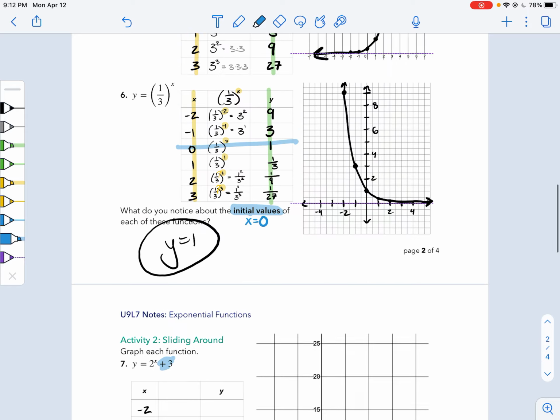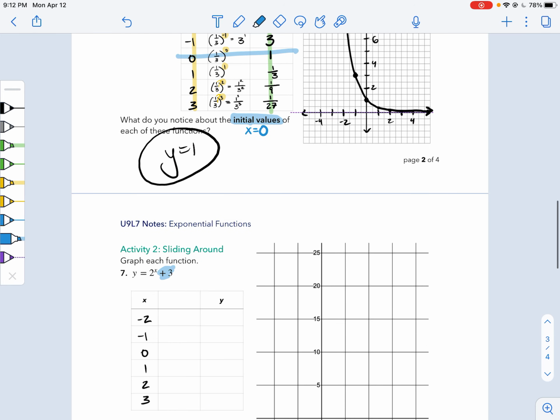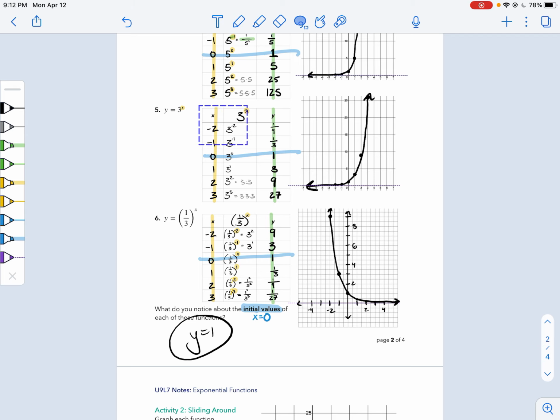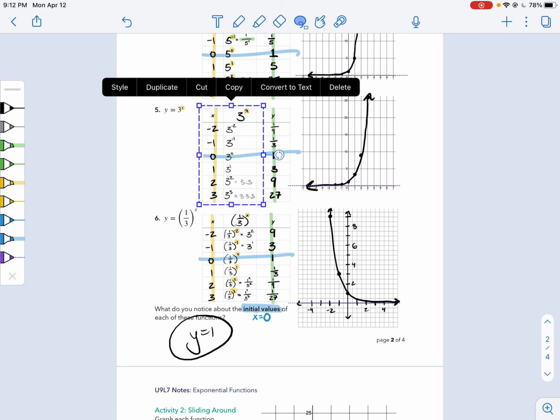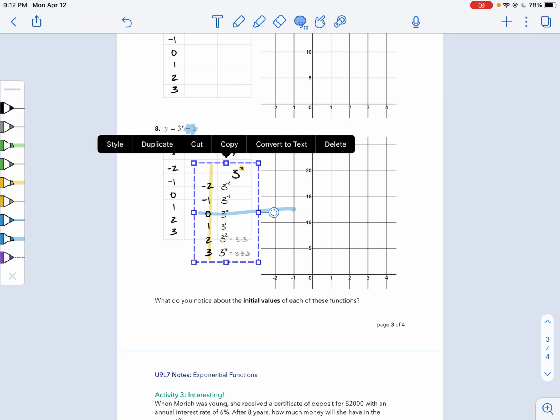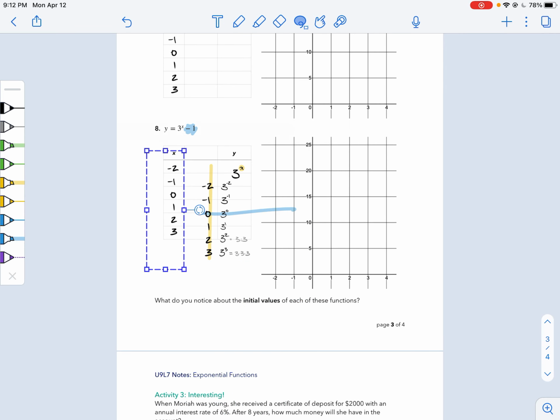Okay. Did we do 2 to the x yet? No. But we did 3 to the x already. Nice. Okay. Look, guys, I'm going to take our 3 to the x answers and duplicate them down here real quick to save us some time, because this is a video and not a live lesson.